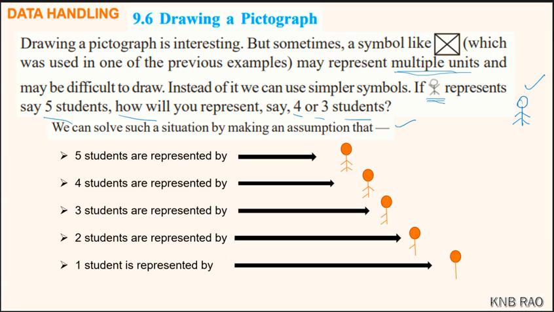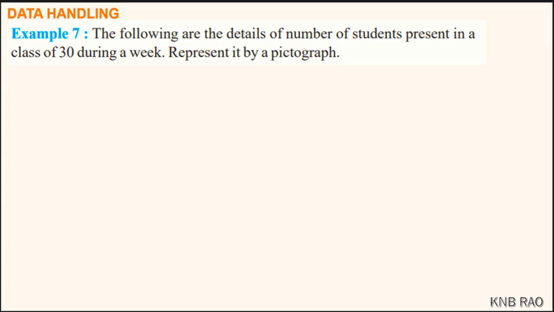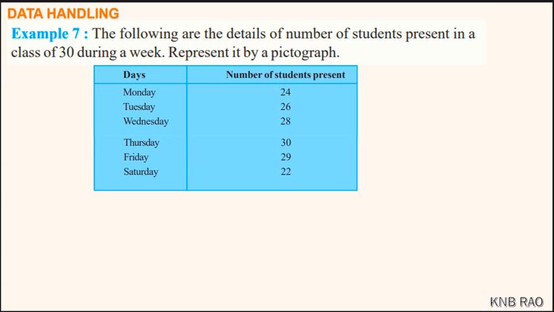Now, we shall start the task of representation for questions. Here I have taken example number 7. Students, we have the following table giving us the details of number of students present in a class of 30 during a week, and we are asked to represent it by a pictograph.